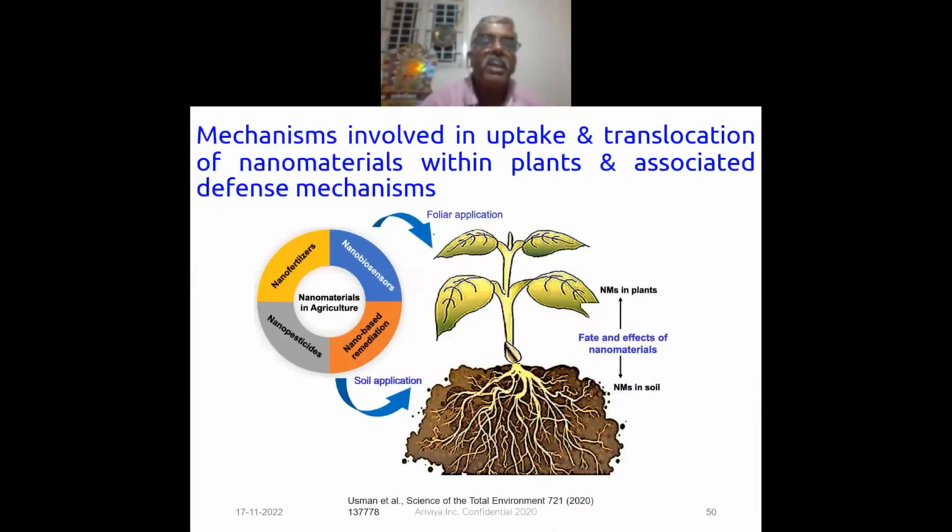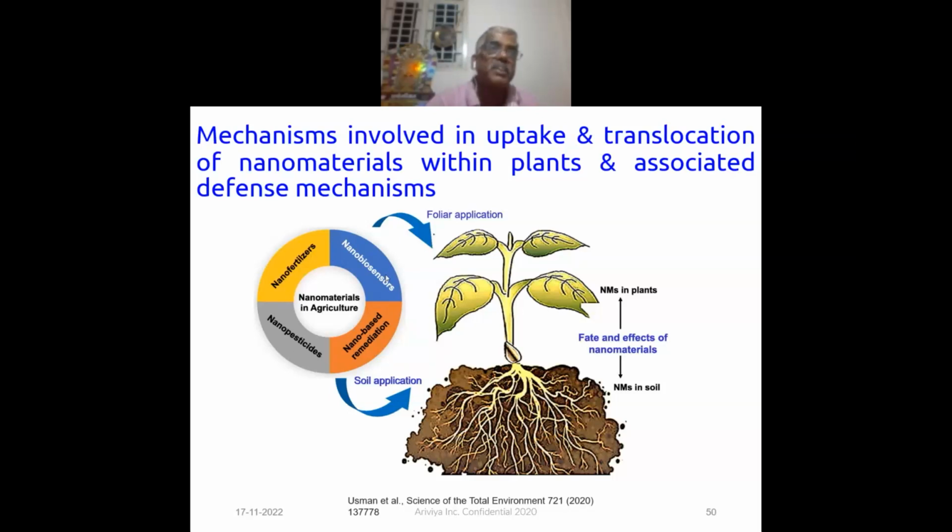Not only that, I think you might have heard nanoparticles are nowadays used in foliar application as well as soil application. They are using nanomaterial in agriculture, in terms of nano fertilizers, nano biosensors, nano based remediation, and nano pesticides.